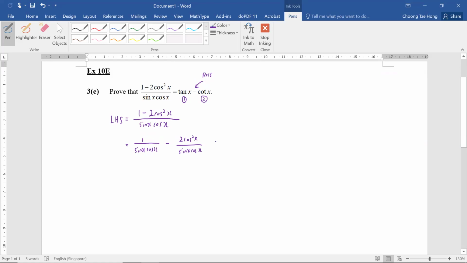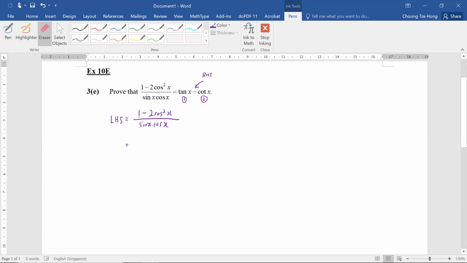Over here, if you simplify, you actually get 2 cosine x over sine x, which gives us 2 cotangent x, but what we want is negative cotangent x. So at this point we may need to perform certain procedures first before we can split up this fraction.